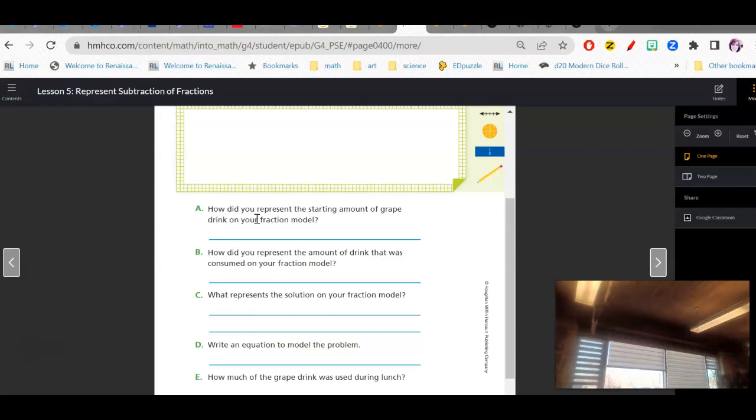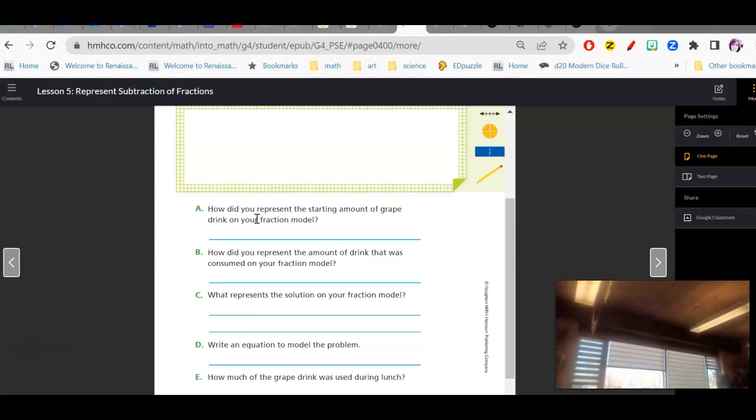So 1, 2, 3. How many do we have left then? 4, 5, 6. 9 subtract 3 is what, everybody? 6. So we have 6/10 gallons, right?